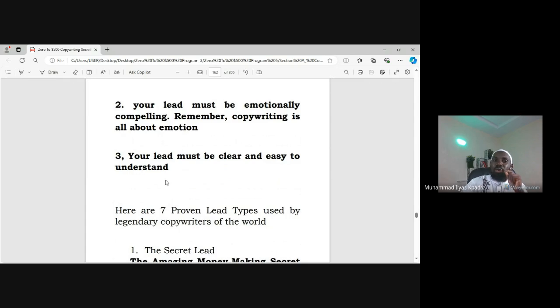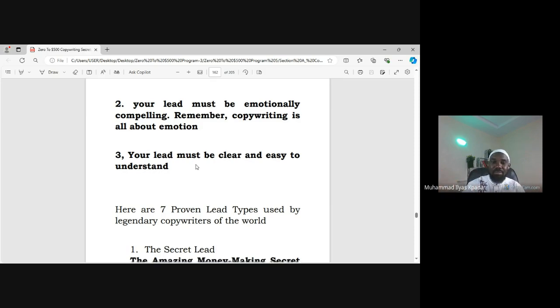Then the next thing is your lead must be clear and easy to understand. You are not trying to impress anyone with your grammar or with the fact that you are intelligent or smart. You are trying to excite an emotion to get sales. In fact, as a matter of fact, if you know too much grammar, it is a disadvantage to copywriting.